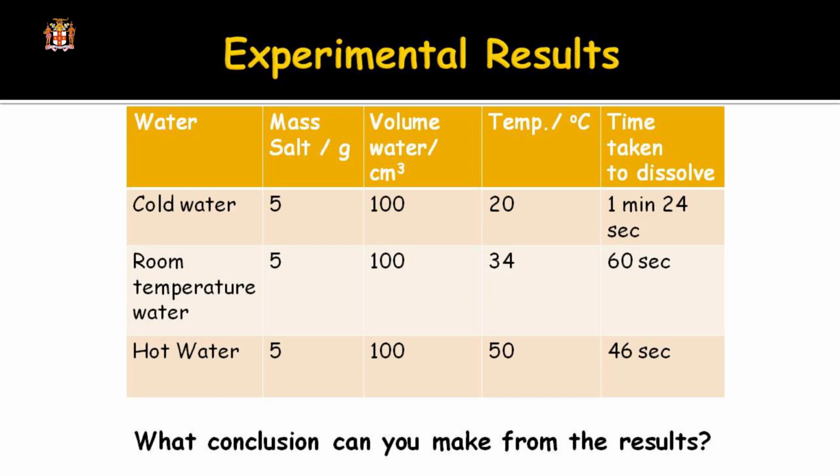And as you can see, the temperatures reported there are similar to what we have, but for the hot water, it took about, yes, you can see the time there, around 46 seconds, right? Room temperature, over a minute, yes, and of course, our cold water, a bit longer.